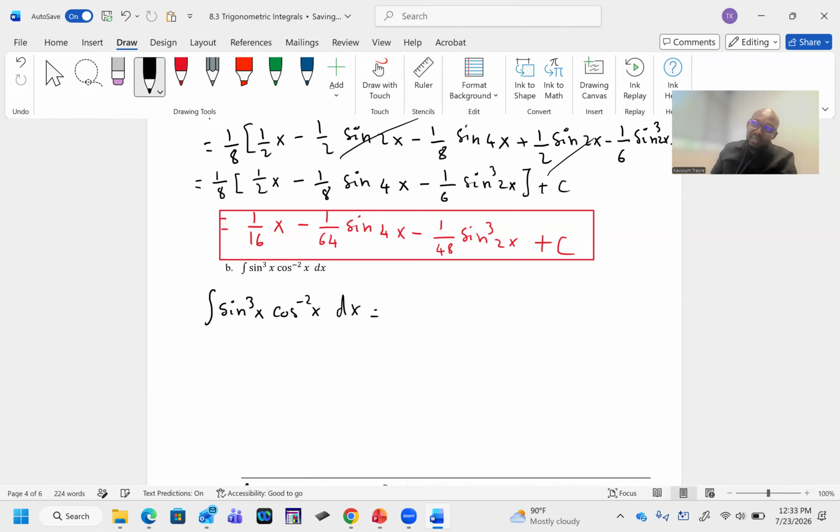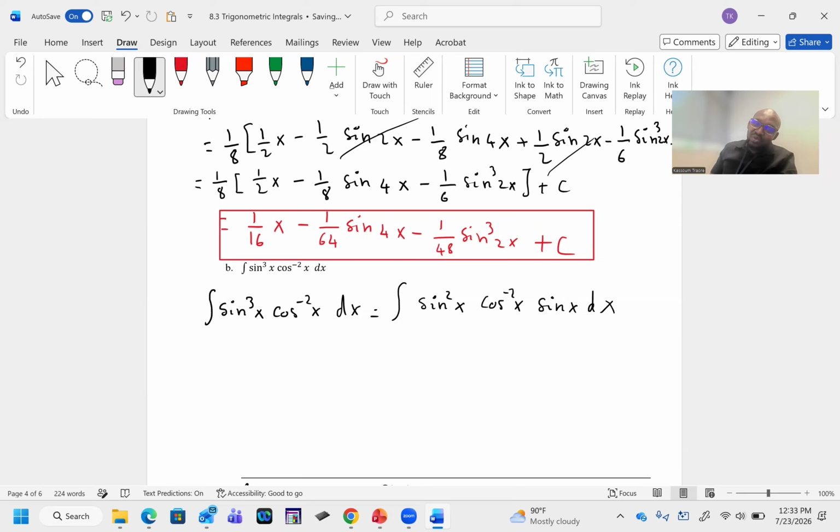We'll say the same thing as sine square x times cosine to the power of -2 x times sine x dx, because sine x times sine square x will give me sine to the power of 3 x.